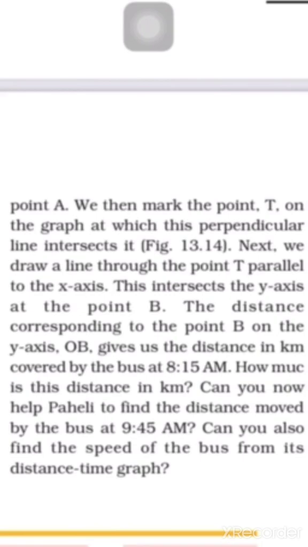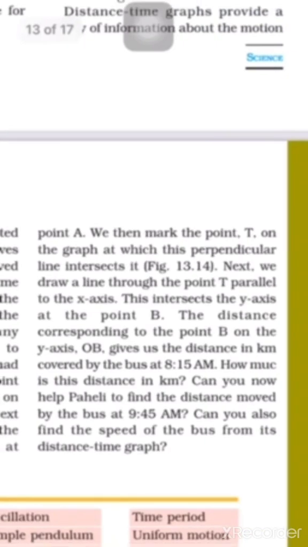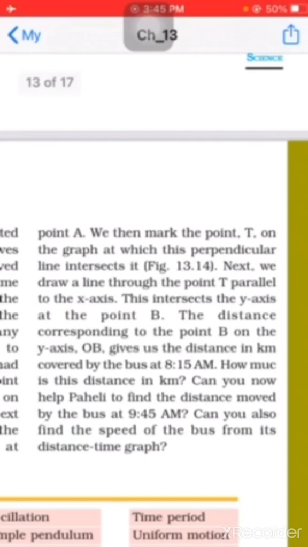We mark the point corresponding to the time 8:15 a.m. on the X-axis. Suppose this point is A. Next we draw a line perpendicular to the X-axis at point A. We mark the point T on the graph at which the perpendicular line intersects.